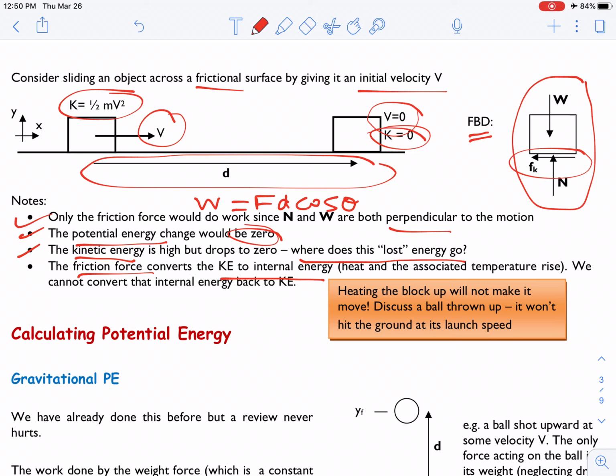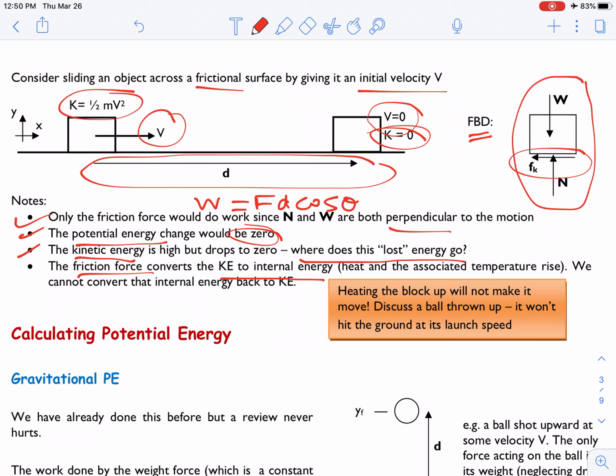That means the kinetic energy is converted to internal energy, and there will be heat released. So we cannot convert that internal energy back to kinetic energy. That's why it's a non-conservative force, and you cannot get it back into the system.